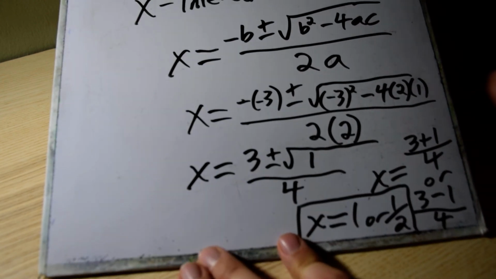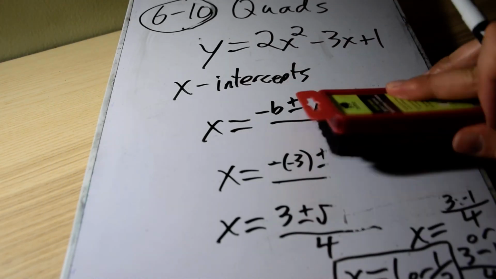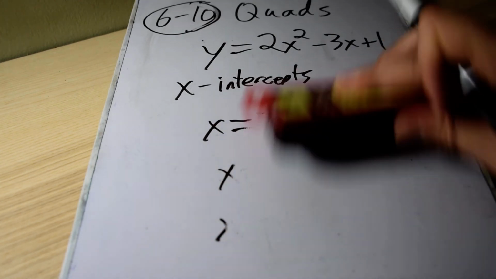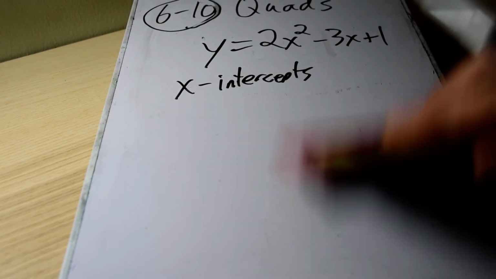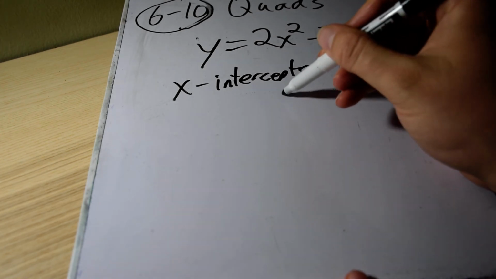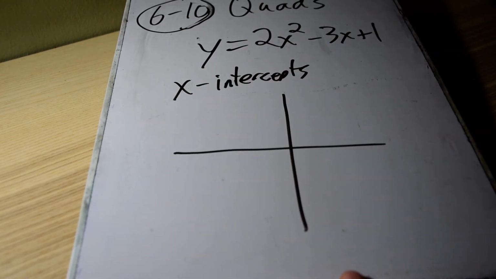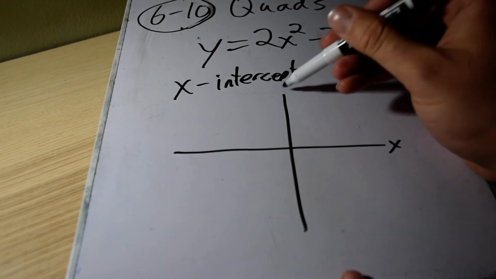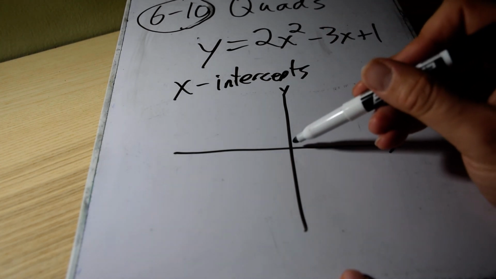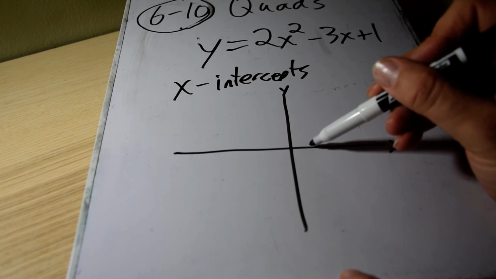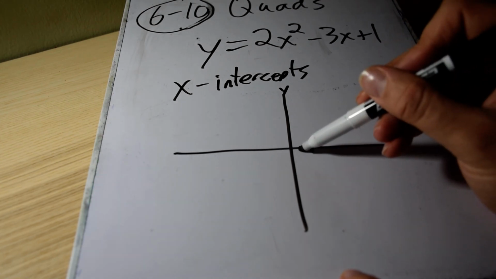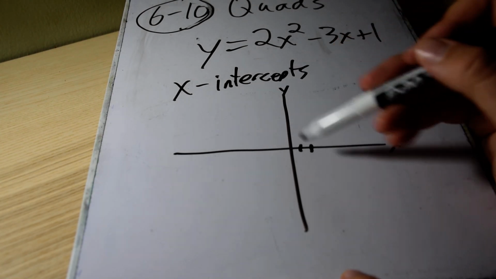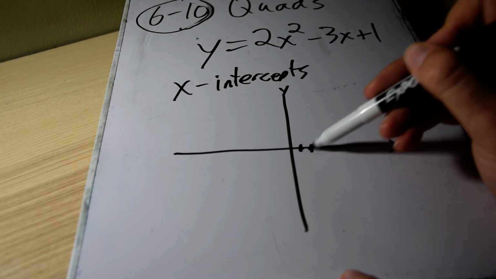Now, when we're going to graph that, here's what that looks like. You want to hold on to those numbers, 1 and 1 half. When we graph it, we just need 3 points. X is the intercept line here, y is here. Now if x is 1, so let's say here, or 1 half, this quadratic passes through both of those points.